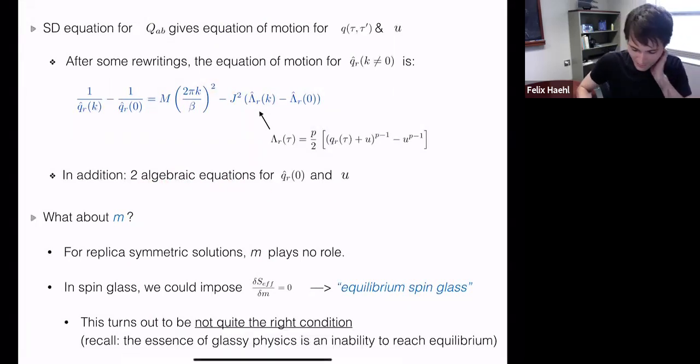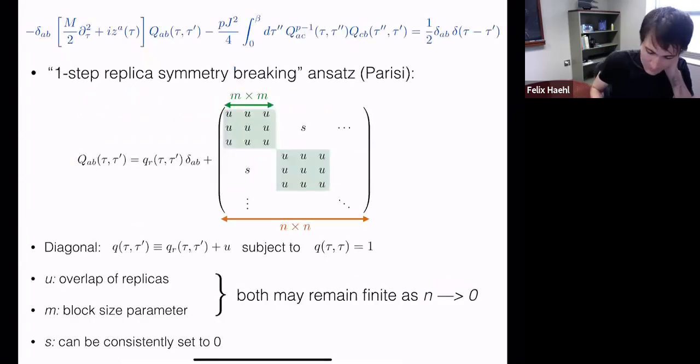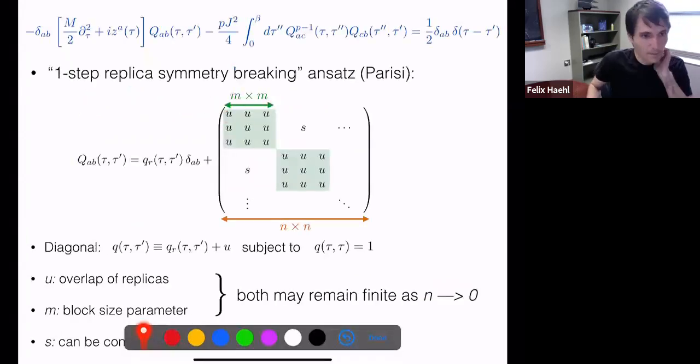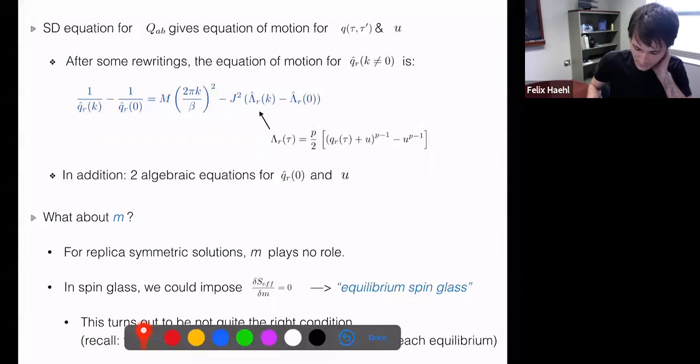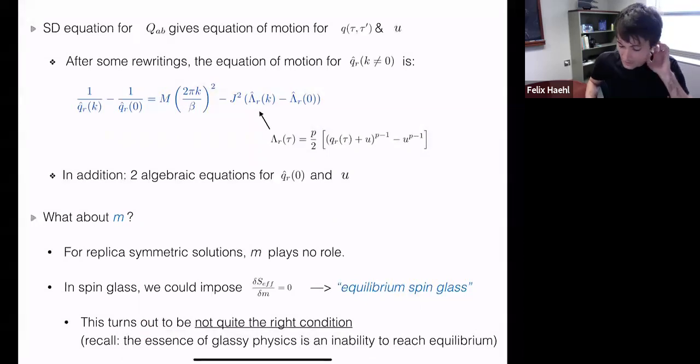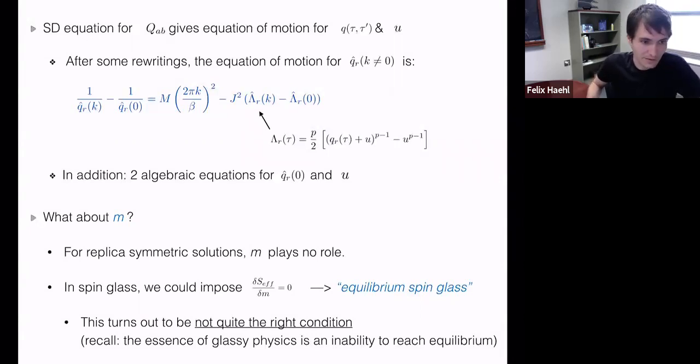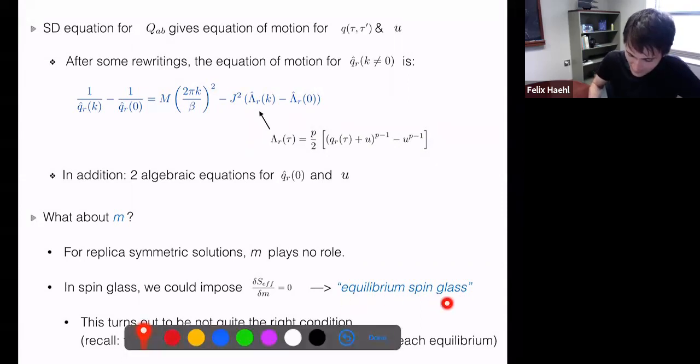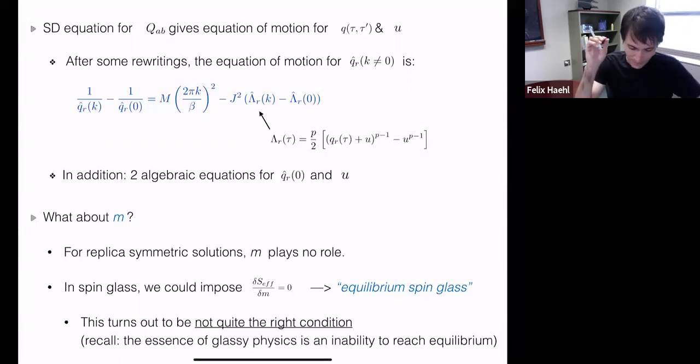Now, what about this parameter m? The size of these blocks was m. How do you determine m? So one thing you can do is you can again vary the effective action with respect to that parameter and extremize. I'll sometimes refer to that procedure as equilibrium spin glass, but this turns out not to be quite the right thing to do.